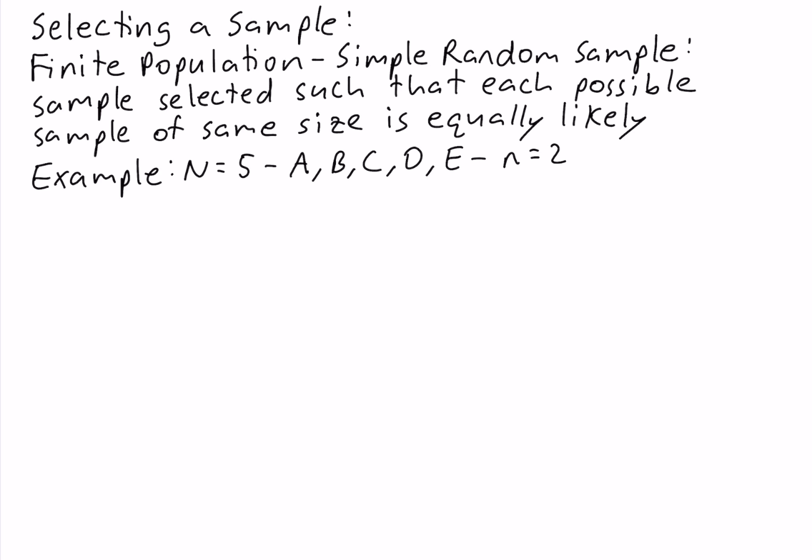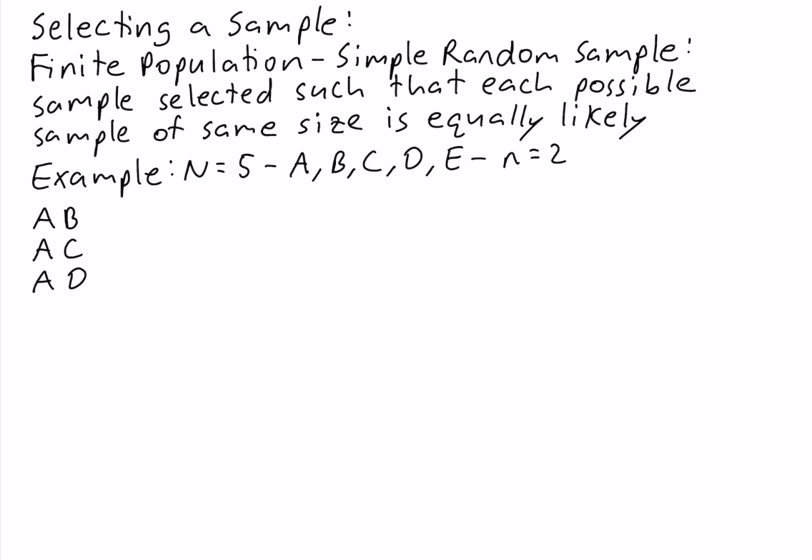So let's start off by listing all the possible samples of size 2. So one possible sample is A and B. Another possible sample is A and C, and so on.